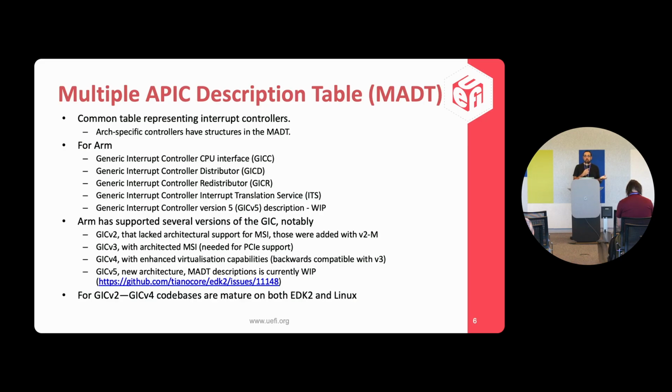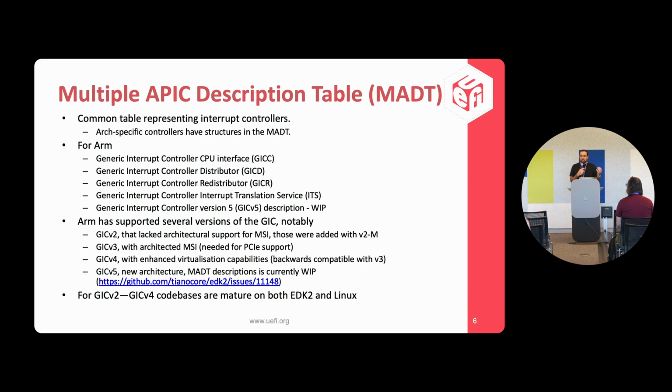So you will have their enablement for the various ARM interrupt controllers through the different structures that are related to the interrupt controller: the CPU interface, the GIC-C table, the distributor and redistributor, the GIC-D and GIC-R tables, and the interrupt translation services, or ITS. And these GIC, or generic interrupt controller architecture, comes from the ARM architecture, or rather not the ISA, but the system architecture extension.